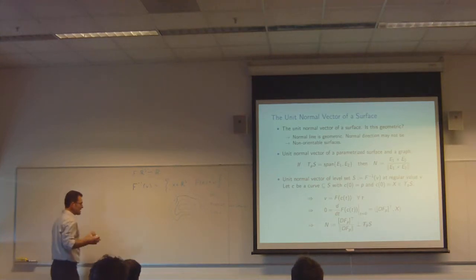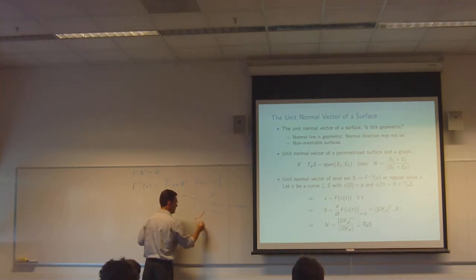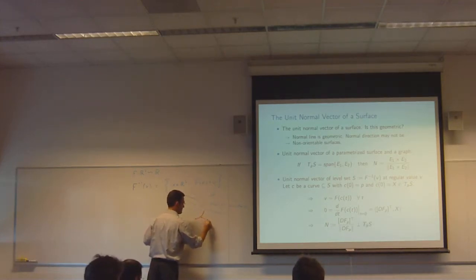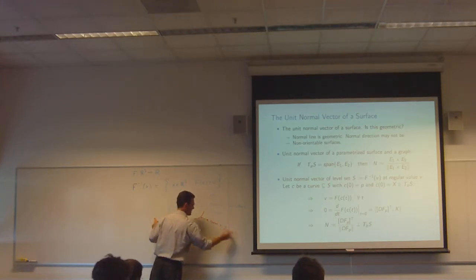And now let's take a curve that lives inside one of the level sets. A curve C, some interval into R3, such that C is contained inside the level set, f inverse of v.